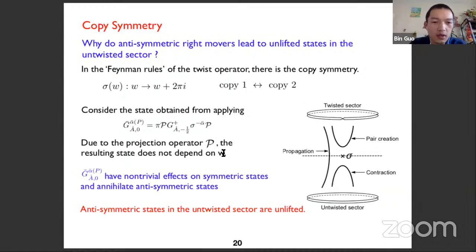That means the G+ only has non-trivial effects on symmetric states, and it will annihilate all antisymmetric states. So this explains why the antisymmetric states in the untwisted sector are unlifted.